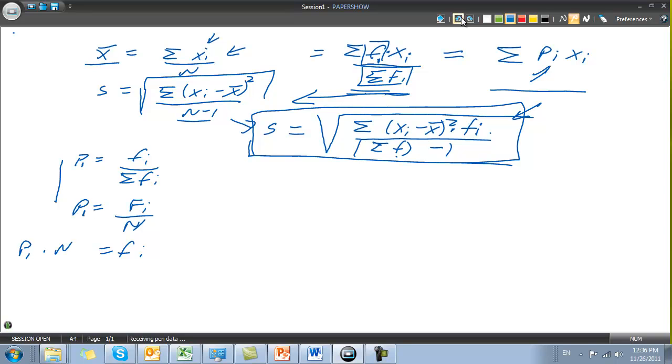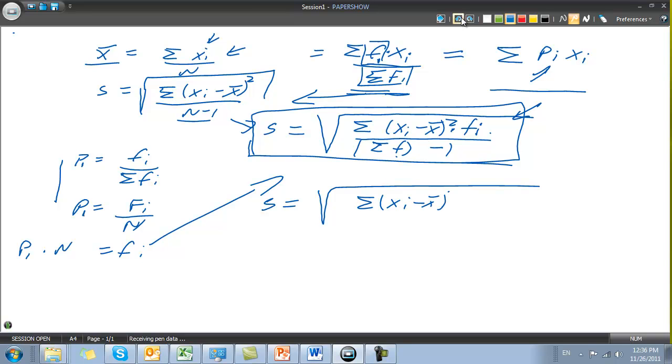I can use this equation here, find that my sample standard deviation equals the square root of the sum of x of i minus x bar squared. Now my frequency is simply my probability of getting that response times the number of responses in the sample, and my sum of my frequencies is my n less 1, divided by n less 1.